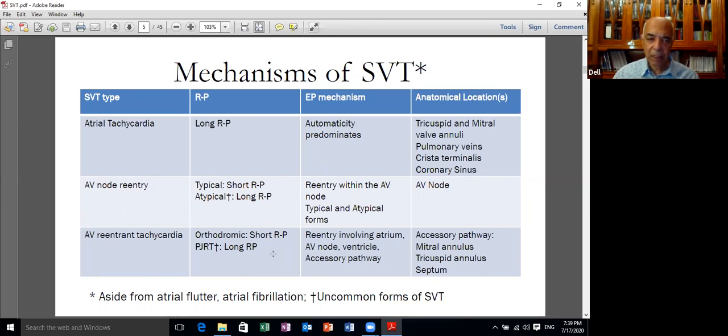This is the paroxysmal junctional reciprocating tachycardia, or Coumel tachycardia. It's a long RP tachycardia, so the word PJRT has nothing to do with the junction. It's a form of orthodromic reciprocating tachycardia.